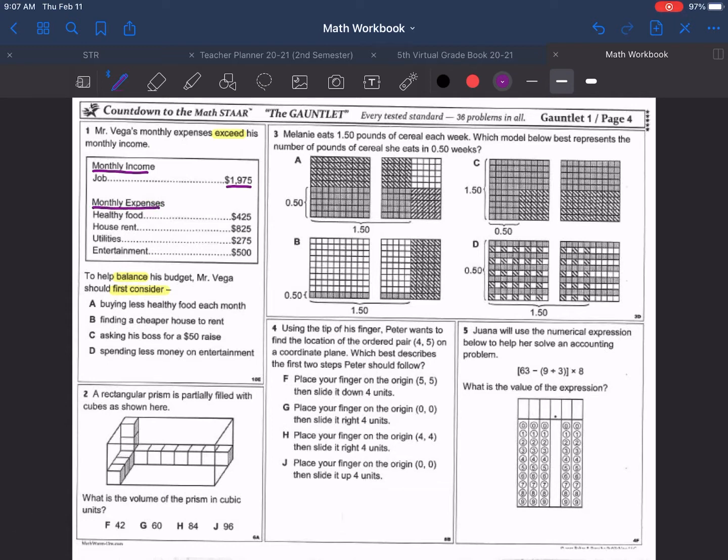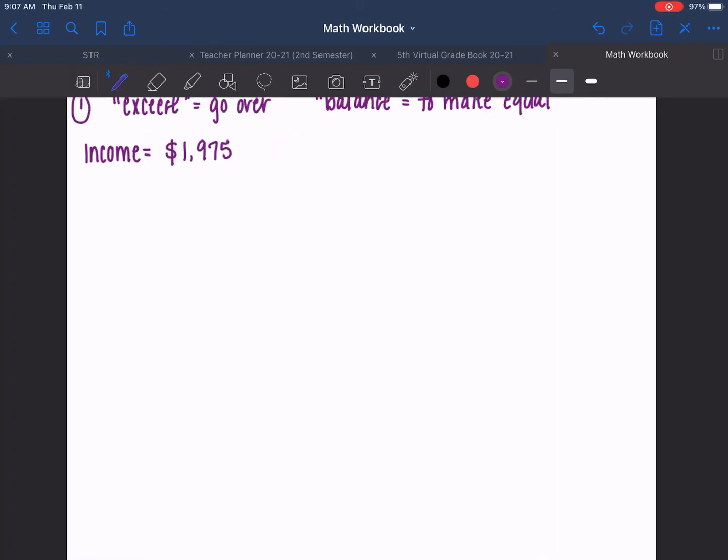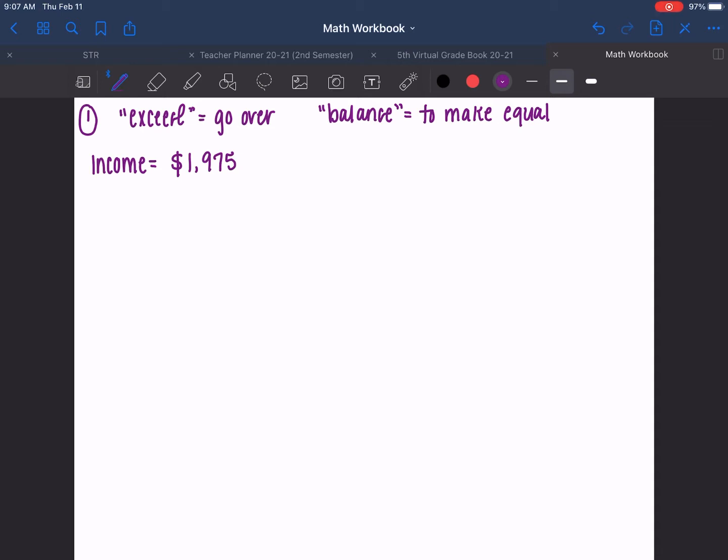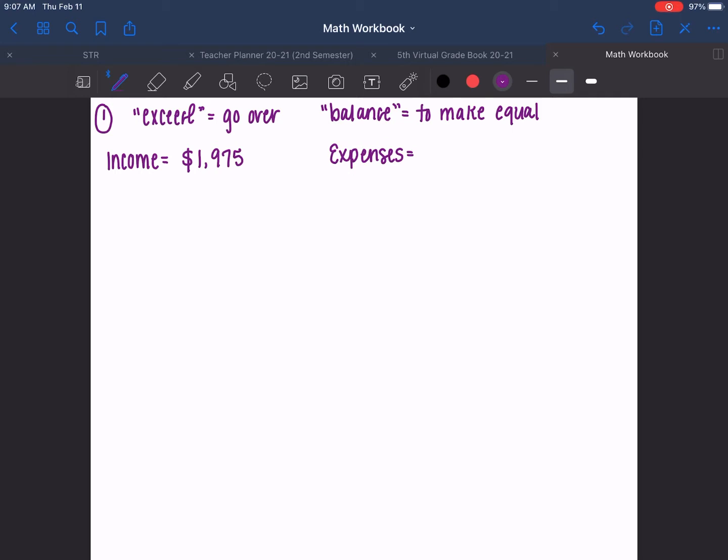His monthly expenses, we have to note the monthly expenses since they're what the problem is. So let's write out our monthly expenses for Mr. Vega. Ooh, can't forget my dollar sign when we're talking about money. There we go.